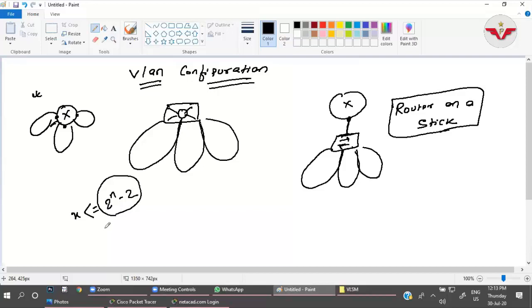Suppose I'm giving you 30. 30 is less than or equal to 2 to the power 5 minus 2, right? Then you will take this only. If it will be 31, then you will go for 2 to the power 6. Any other doubts?